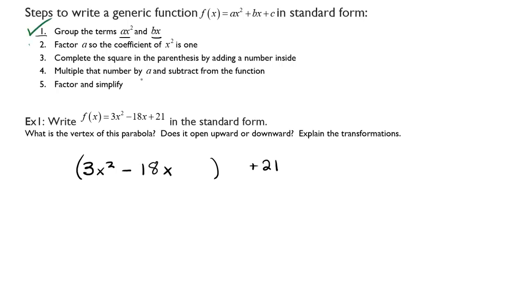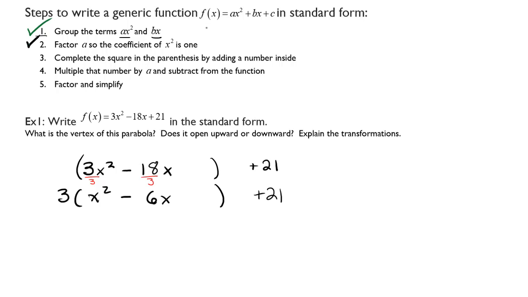We need to factor a, so the coefficient of x squared is 1. Factoring is the same as just dividing out the coefficients that are common. And so we have 3 times x squared minus 6x. So now our 3 is factored out front, and our coefficient on x squared is 1.